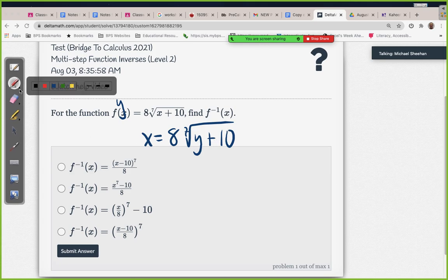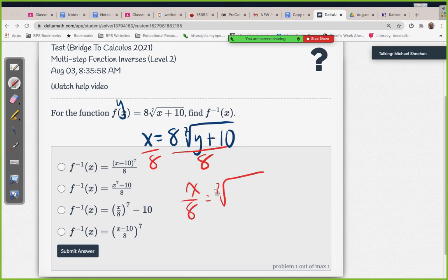First thing I'm going to do is divide by 8. So x over 8 equals the 7th root of y plus 10. Now let's get rid of the radical with a power. Right? The opposite of a 7th root is a 7th power.